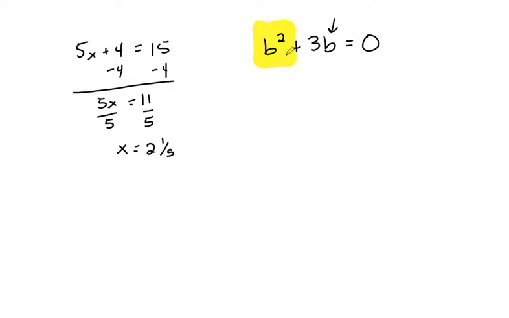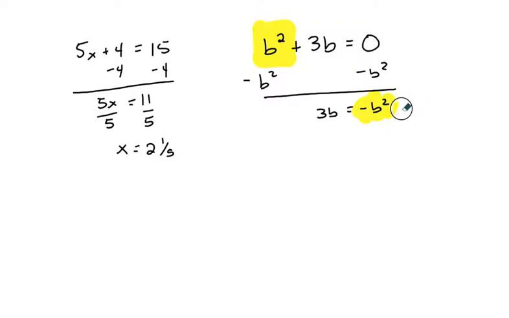One of the things that becomes complicated if we try to just solve this quadratic problem is that if I try to isolate this variable, this 3b, by moving this b squared onto the other side, now I've got 3b on one side, but I also have a variable on the other side, right? I've put this variable now on both sides of the equation, and so that's not going to get us closer to a solution.